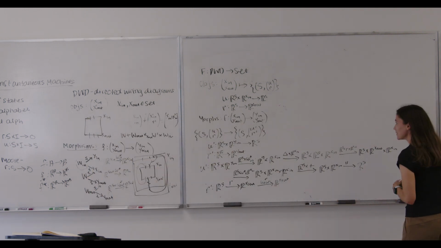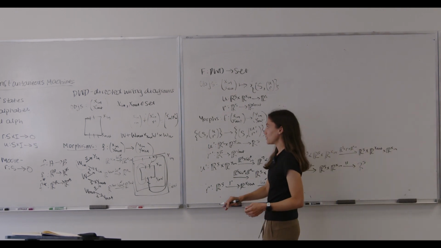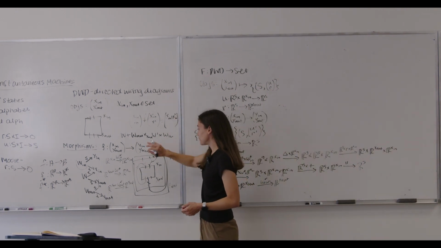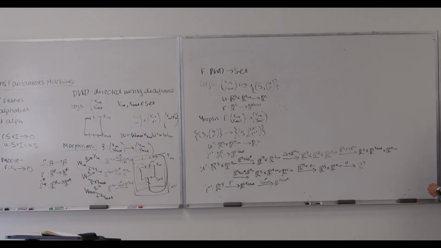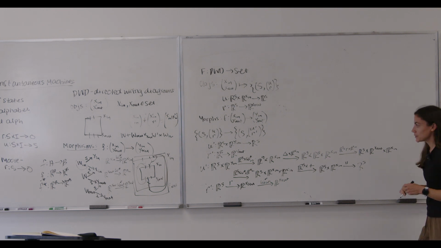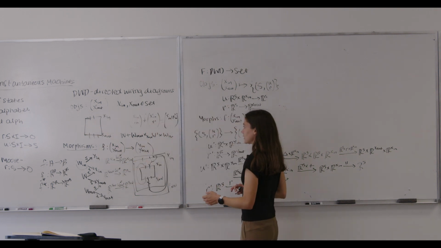Okay, so now we can start looking at a new category, or a new operad, for dependent directed wiring diagrams. So what do we want these to look like? Well, we want them to have this type of structure.